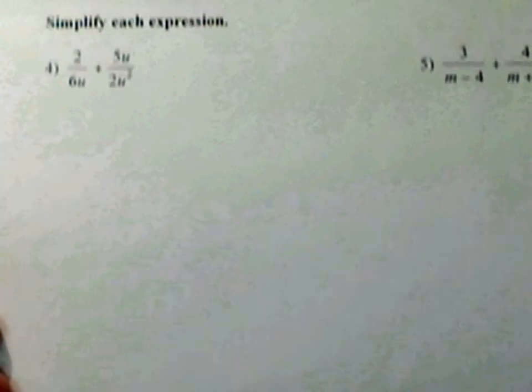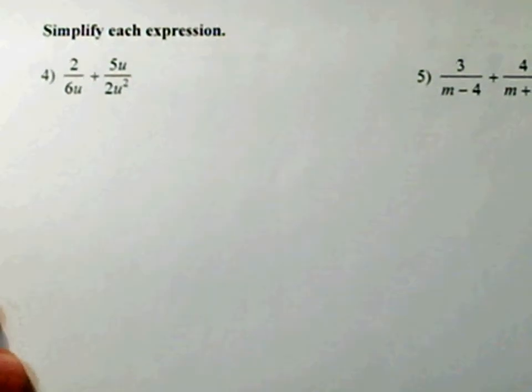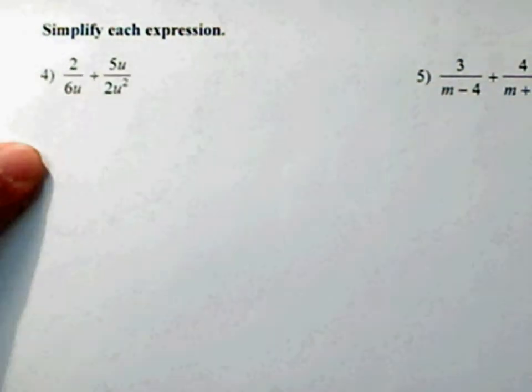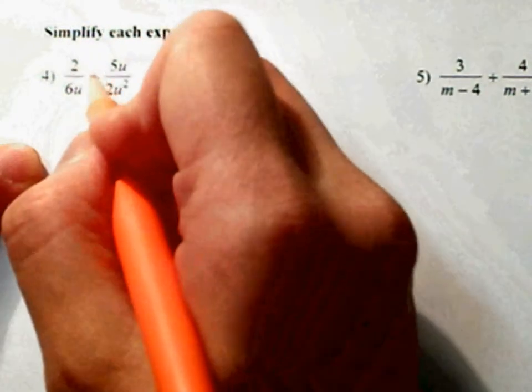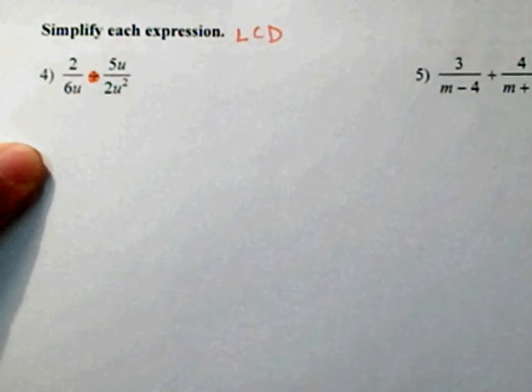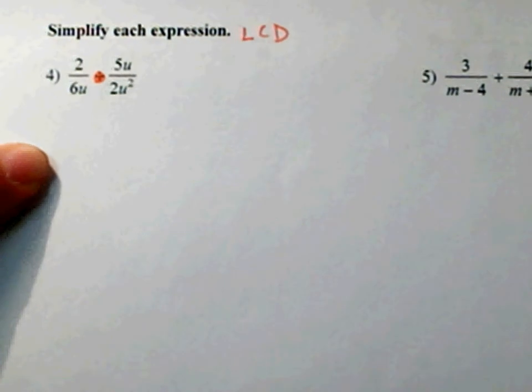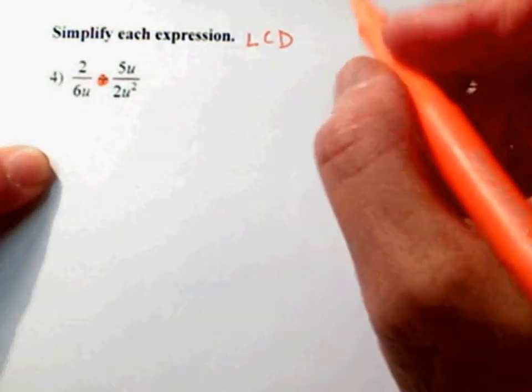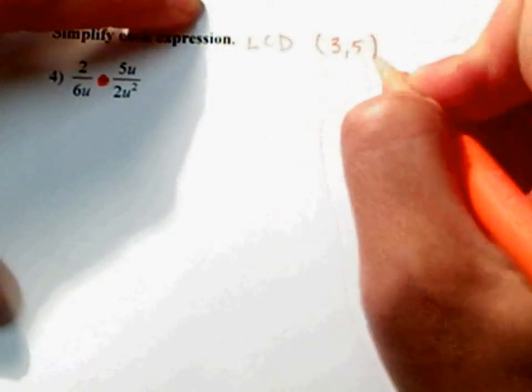Number 4, we are still simplifying each expression. Notice this is a plus. The best thing to do is try to find your LCD, your least common denominator. If you forgot what that is, here is an example. Say I'm looking for the least common denominator of 3 and 5.